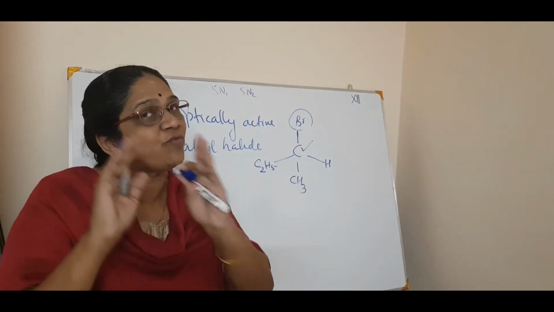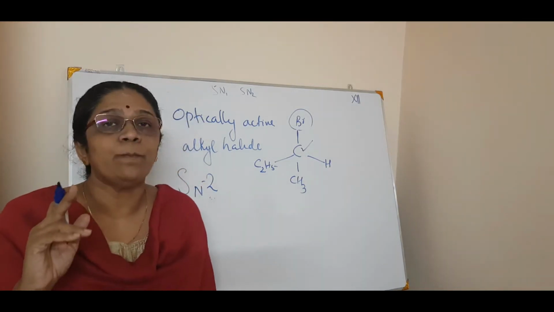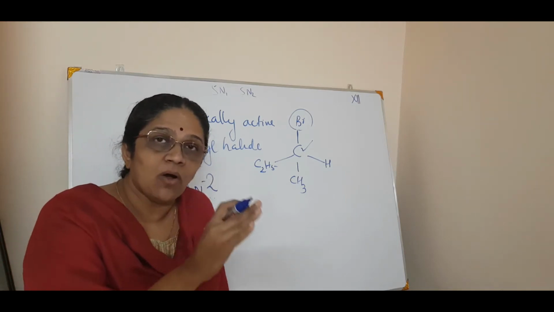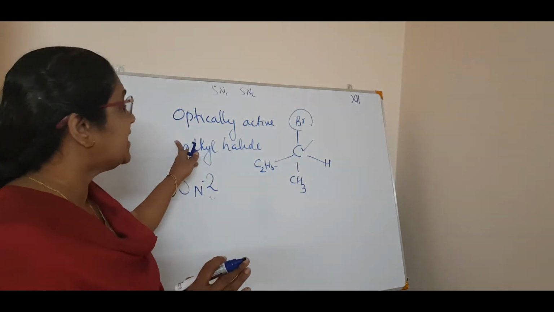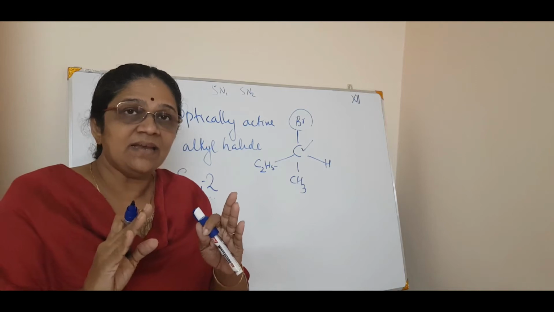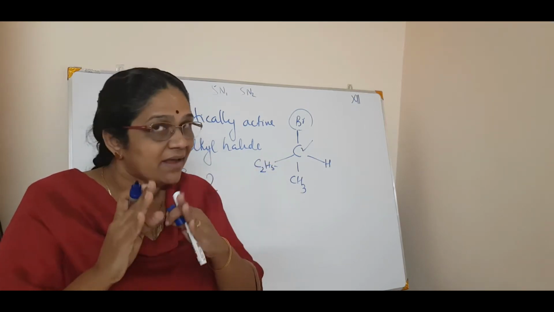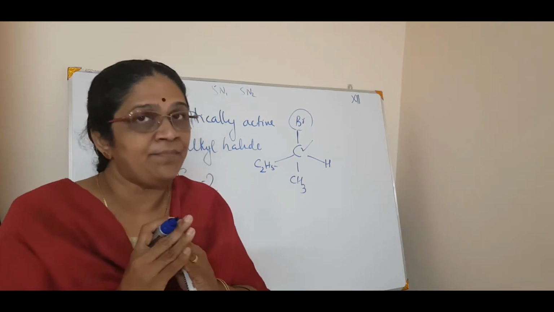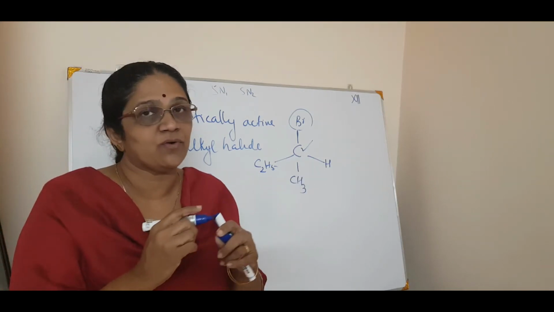The same as what we have studied in the generalized case. That is, an SN2 mechanism always happens with an inversion of configuration. The same thing happens in an optically active alkyl halide also. That is, even if it is a chiral or an achiral molecule, an SN2 mechanism is always accompanied by an inversion of configuration.